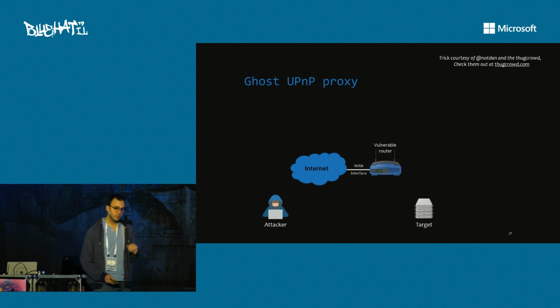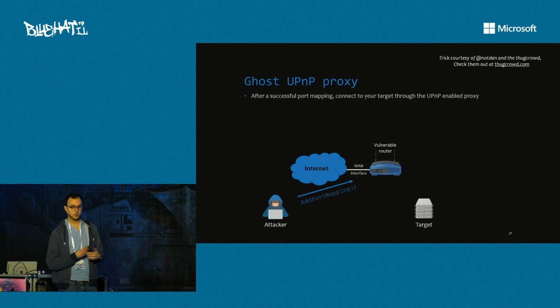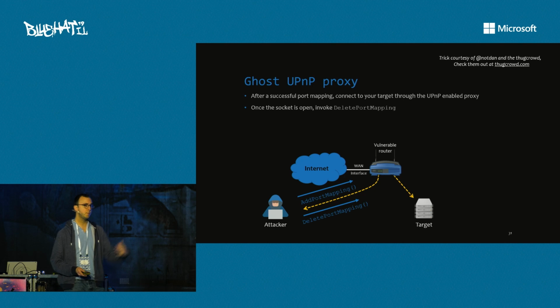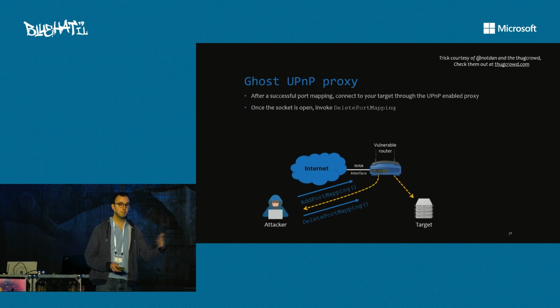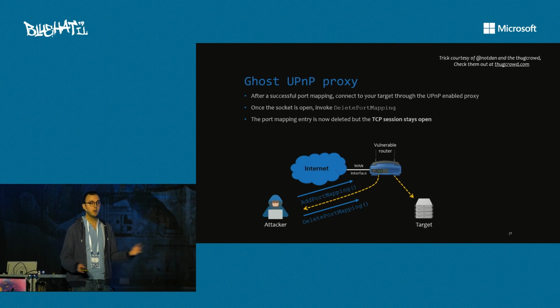This is not it. There is a counter hack to this, so you can be like a ghost. Small trick, it's easy, actually. After a successful port mapping, just make your connection, and then you can invoke delete port mapping. And of course, delete port mapping won't close your TCP session. Once your TCP session is established, it's like I told you, iptables behind.